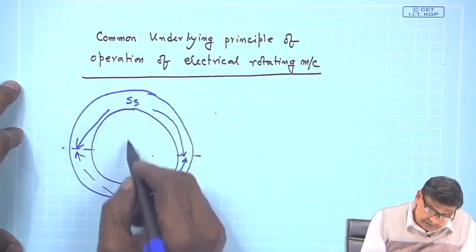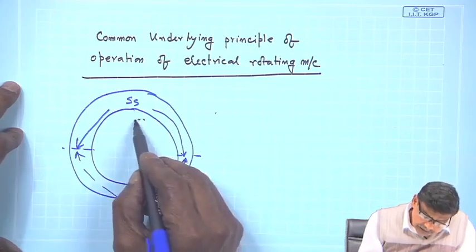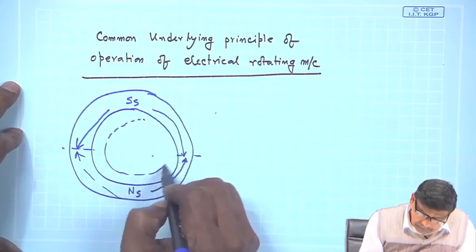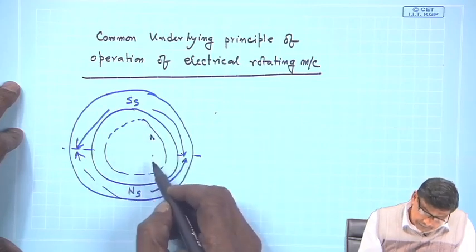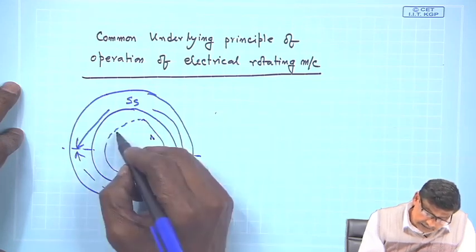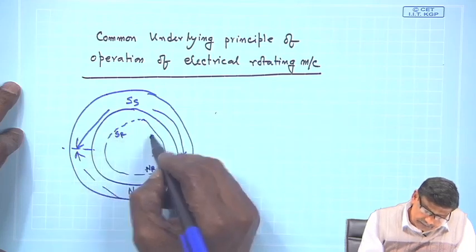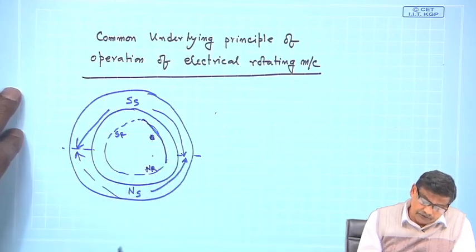So, this is this pole, and suppose the rotor is also having poles. Suppose this is say NR, and this is say SR. Windings I am avoiding, I know how to create such poles.